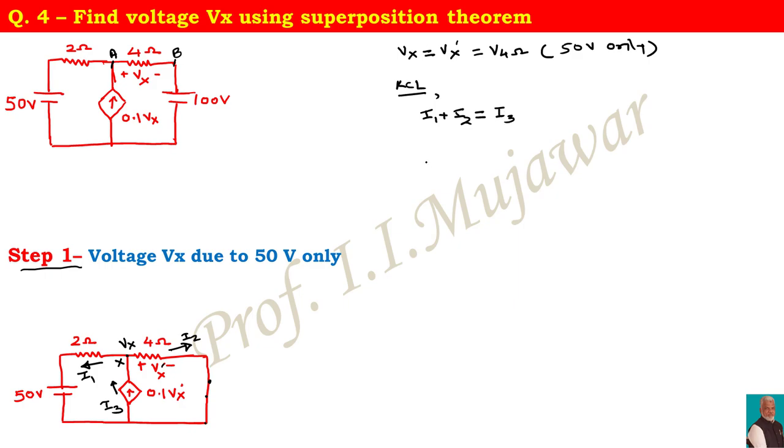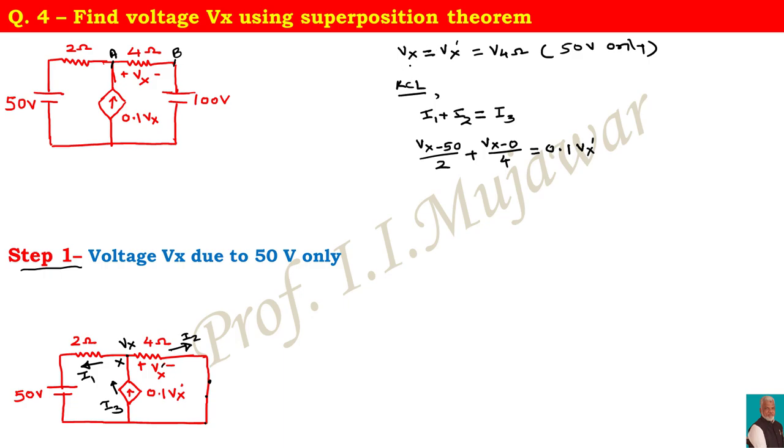Using the values, I1 is Vx minus 50 divided by 2, plus I2 is Vx minus 0 divided by 4, equal to 0.1 Vx dash.